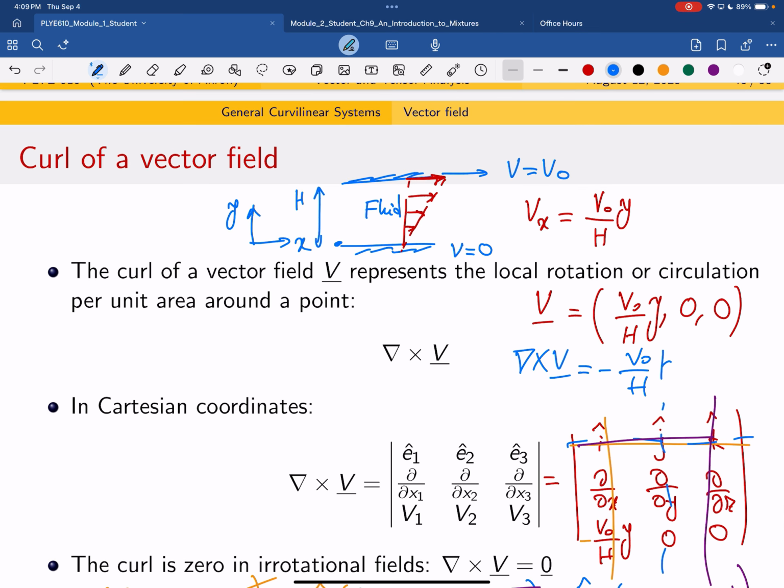The rotation is happening in the xy plane, right? That's how we define rotation. The plane is xy, but the vector normal to the plane of rotation is in the direction of minus k. So if that's the xy plane, I have the rotation like this, okay?